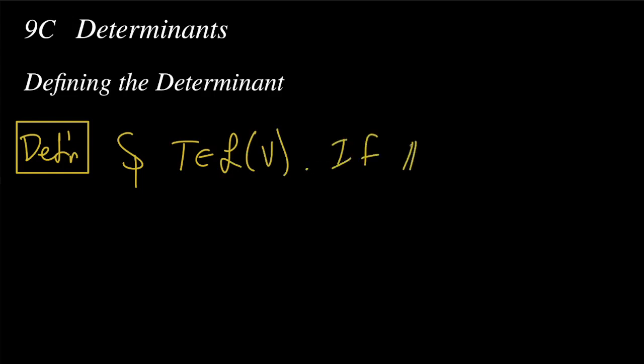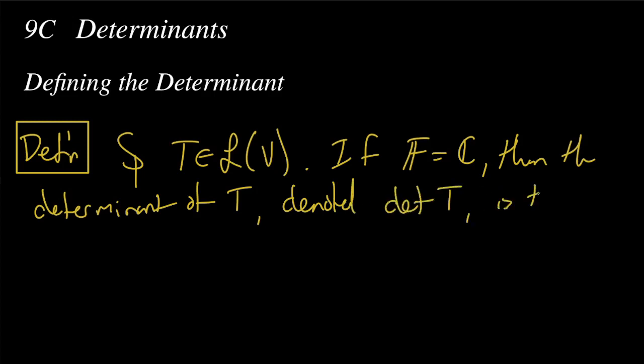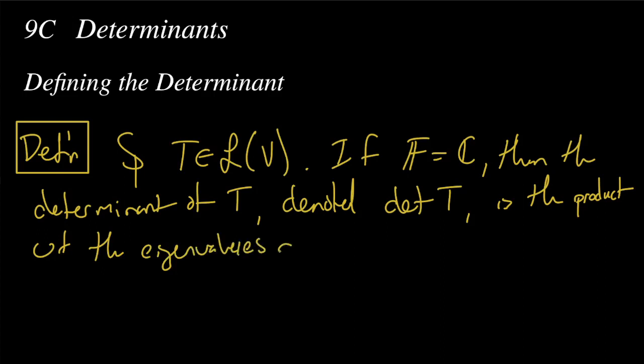If the field is the complexes, then the determinant of T, denoted det T, is the product of the eigenvalues of T, each repeated according to their multiplicity.